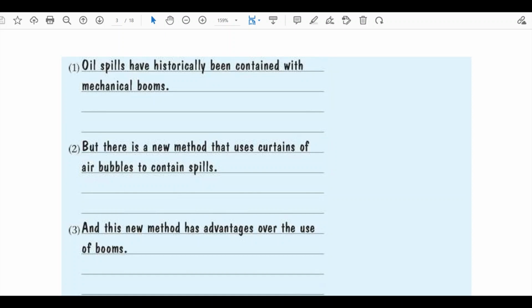First, oil spills have historically been contained with mechanical booms. Second, but there is a new method that uses curtains of air bubbles to contain spills. And third, this new method has advantages over the use of booms.